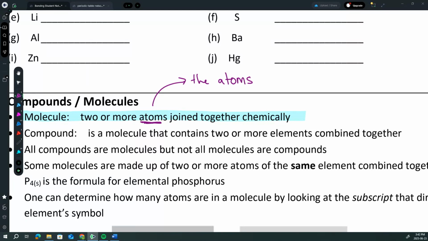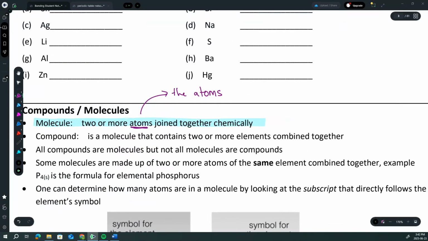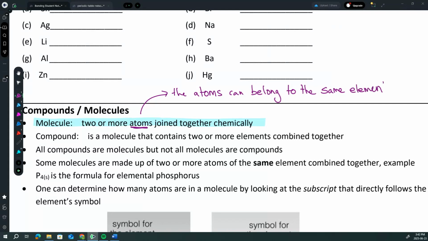So if you see me making notes, I strongly recommend that you write those same notes as well in your own booklet. So the atoms can belong to the same element or different elements.